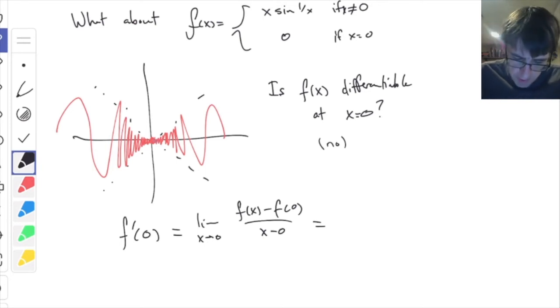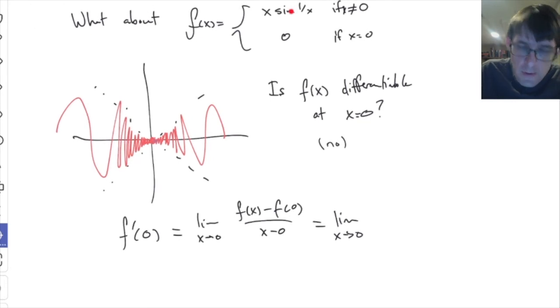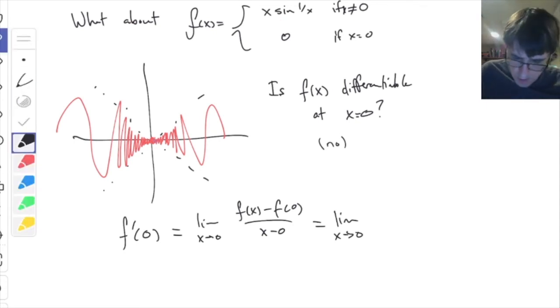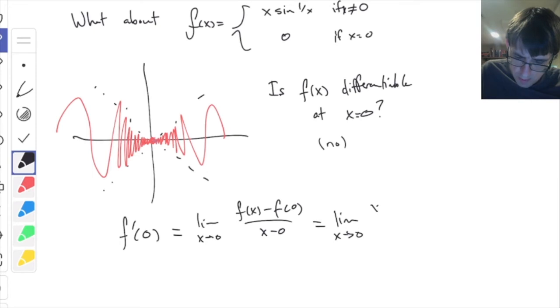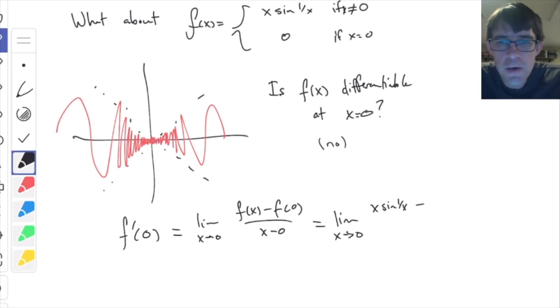So when I plug into this limit, I can use the formula that you see right here. You might say, well, f of x is not really that, f of x is both pieces. But when I'm taking the limit, I only consider nearby points, not that point specifically. So here I'm going to use x sine 1 over x. And then minus, what is f of 0?